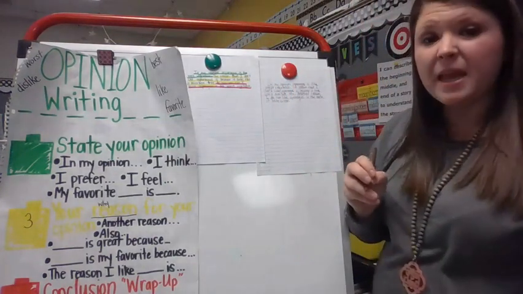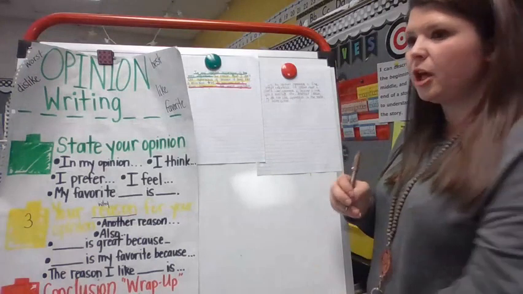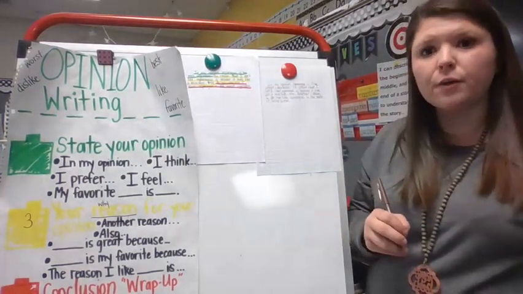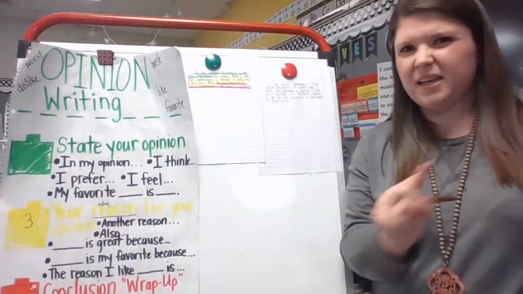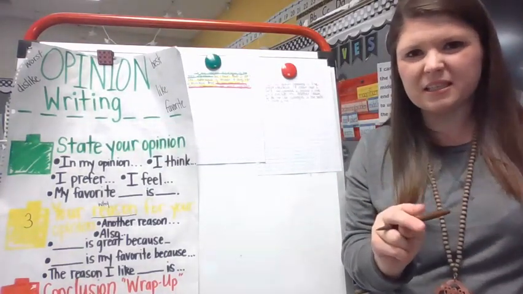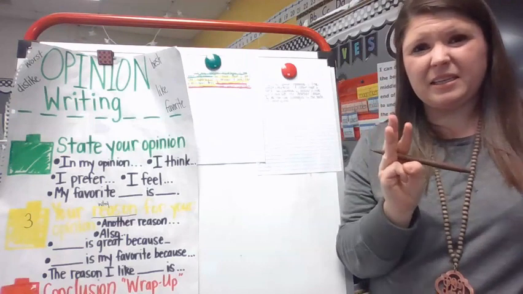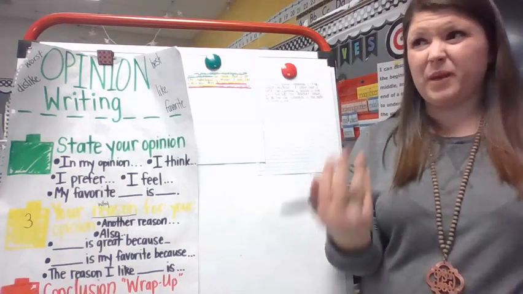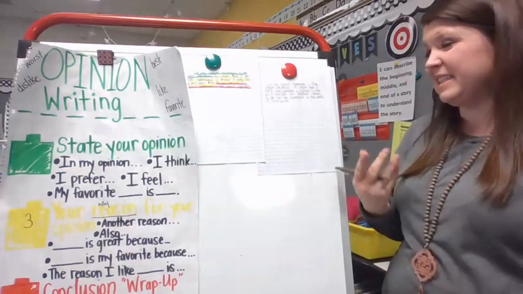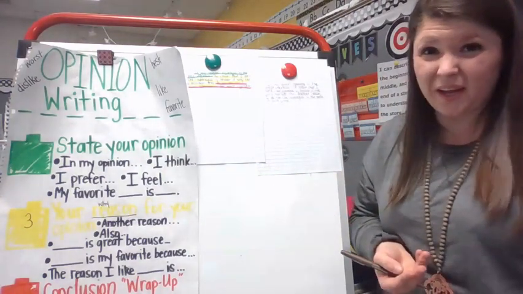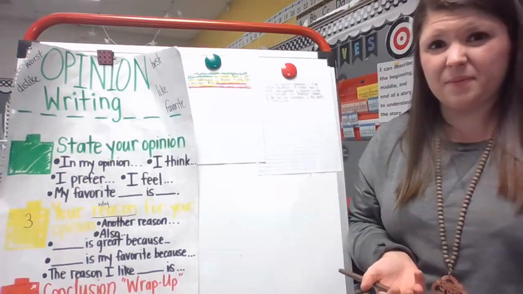Okay? Now I need to add another reason, a third reason. It looks like a tree to me. It has a bitter taste, and it just is not appealing to me. I just don't enjoy it. I don't like it.